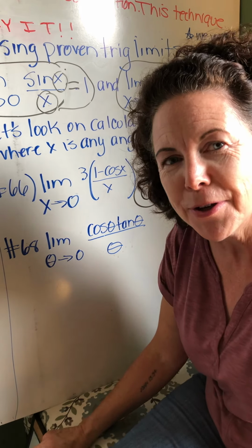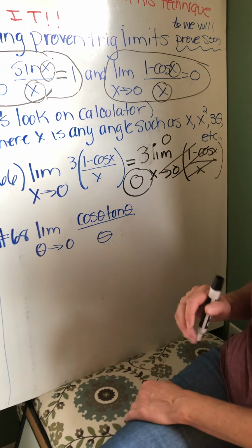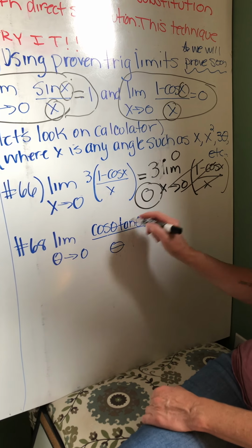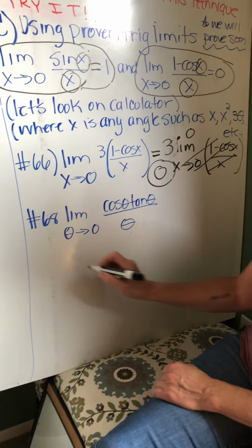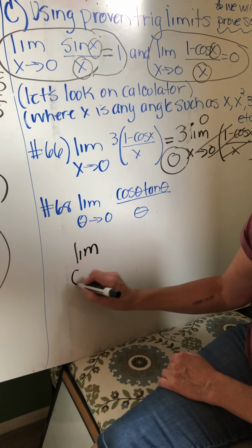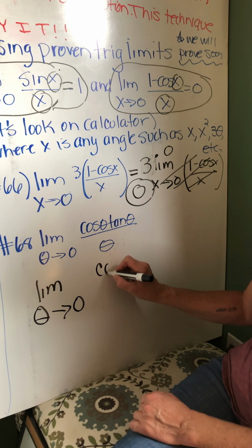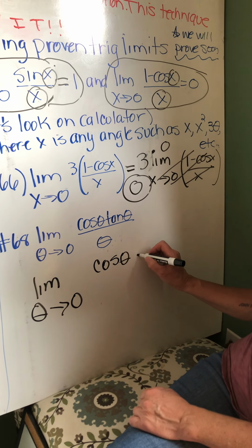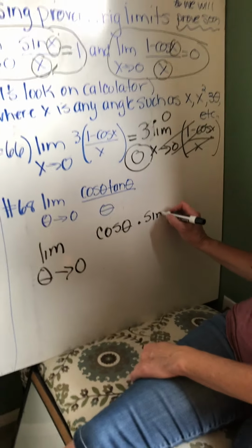You thought you would never use trig identities. You do all the time in calculus. So what do I mean by that? I need this expression to look like one of these. Okay, so here's what I know. The limit as theta approaches 0. I'm going to keep my cosine. If you remember, tangent is sine divided by cosine.